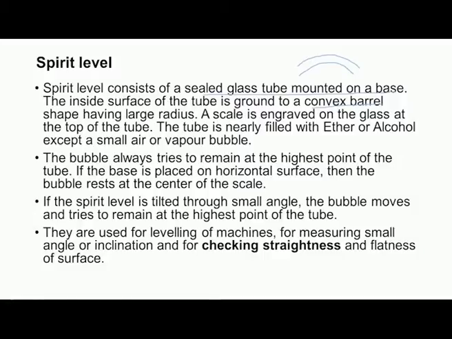The inside surface of the tube is ground to a convex barrel as shown here, and this is a large radius, and then there is a scale engraved on the glass, and the tube is filled with ether or alcohol, and then there is a small air bubble.